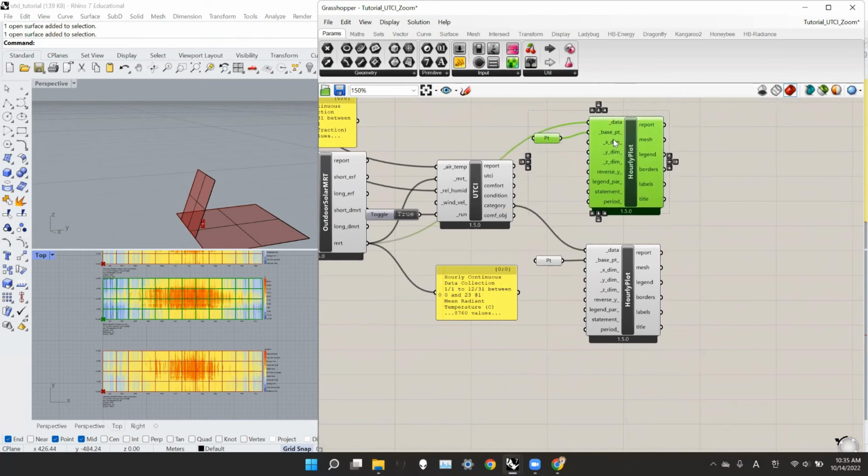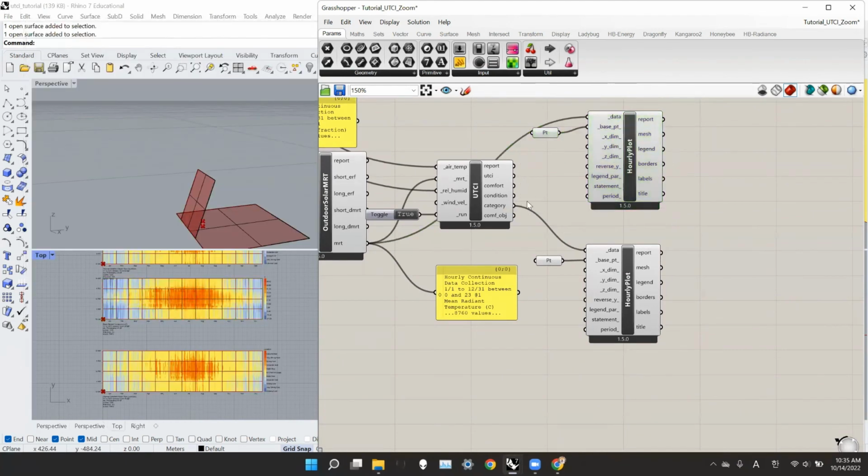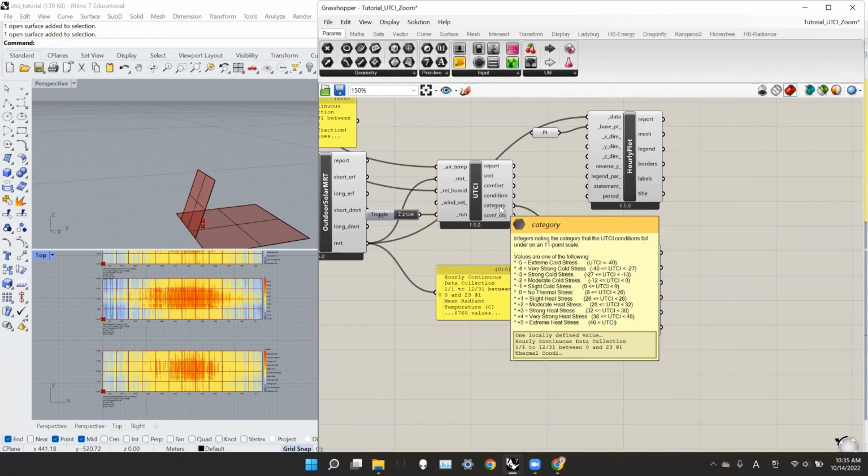I don't know, it depends on your strategies and your intention. So this is UTCI value and category. You can take a brief look at the UTCI value, and the target you want to hit is the comfort range in UTCI, which is between 9 and 26.